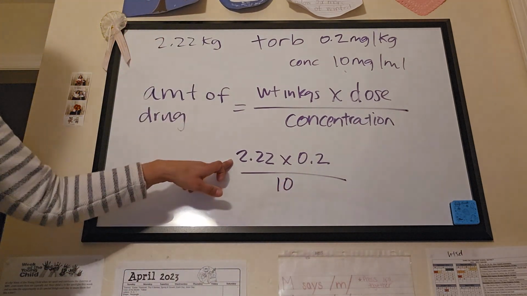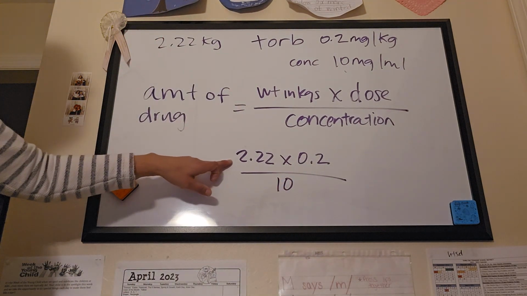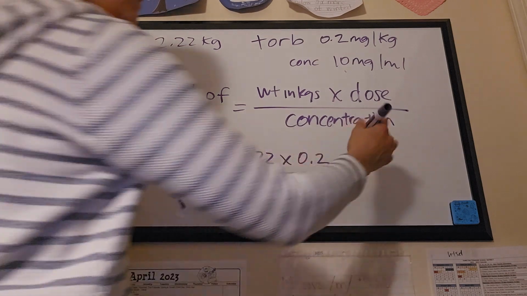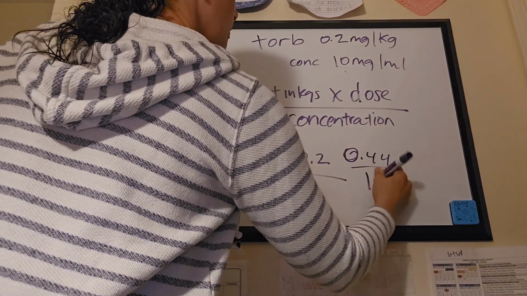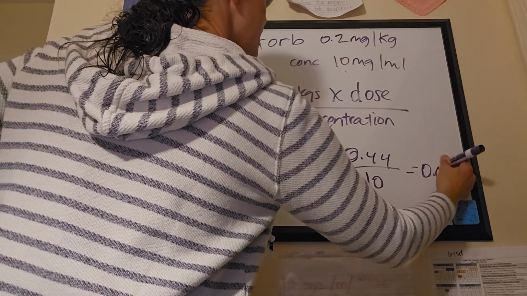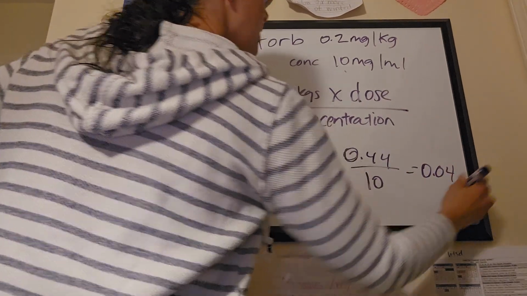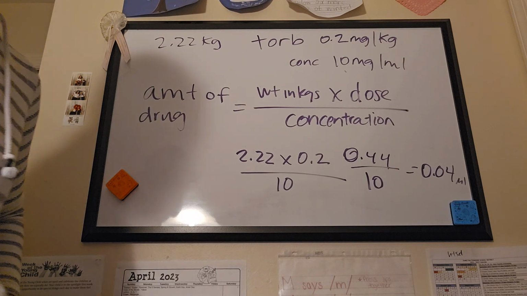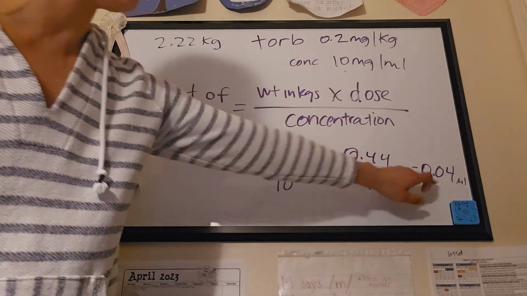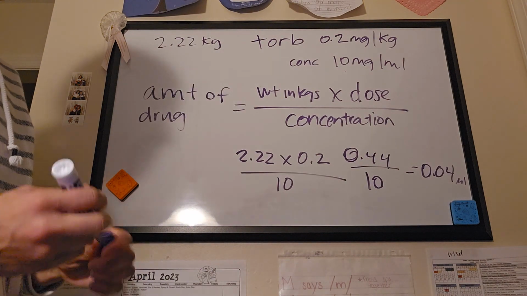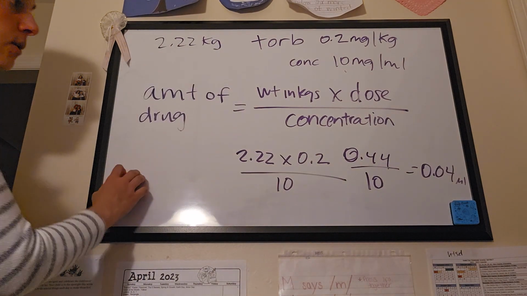So 2.22 times 0.2 is 0.44, divided by 10 is 0.04. That was just lucky that it came out to be the same amount as the Lasix that we gave. But 0.04 mLs, that's the volume of Torb that we gave to Morgan.